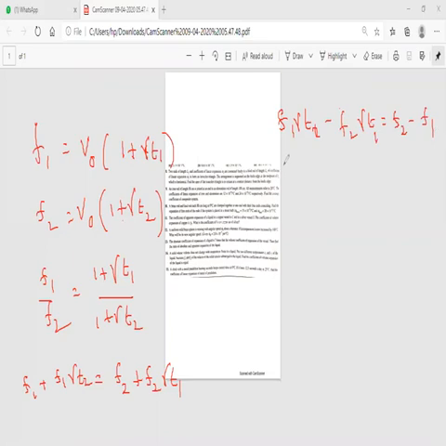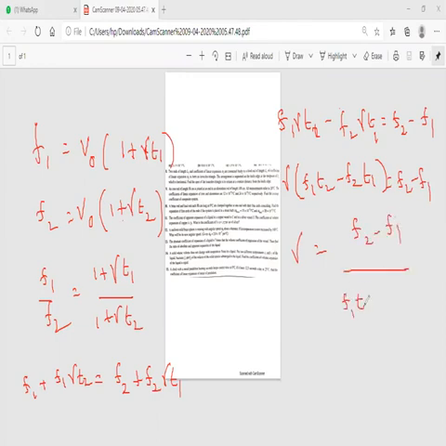Now if gamma is taken common, gamma times F1 T2 minus F2 T1 is equal to F2 minus F1, and finally the gamma value will be F2 minus F1 by F1 T2 minus F2 T1. This is the final answer for gamma. Okay, this is the solution for question number 14.